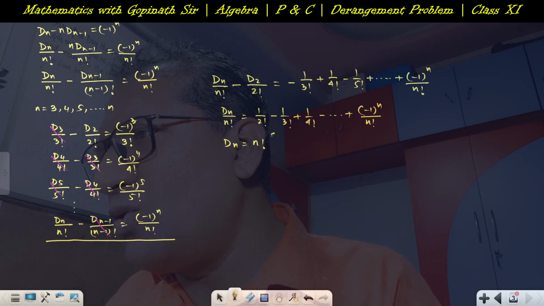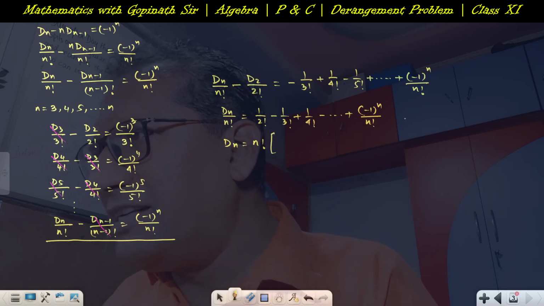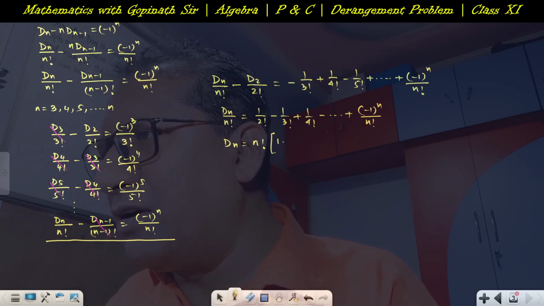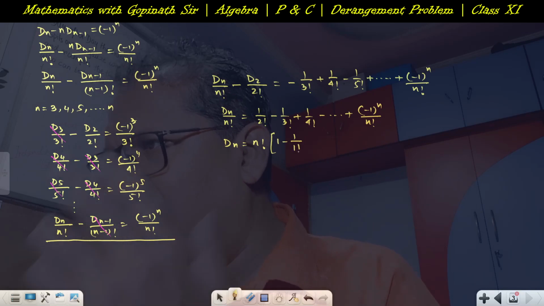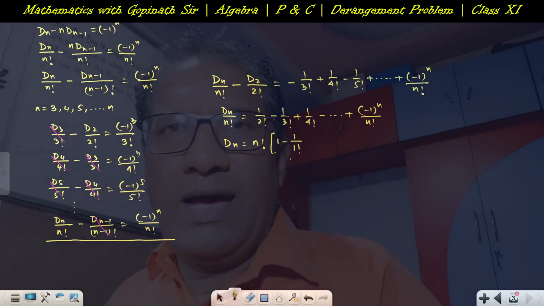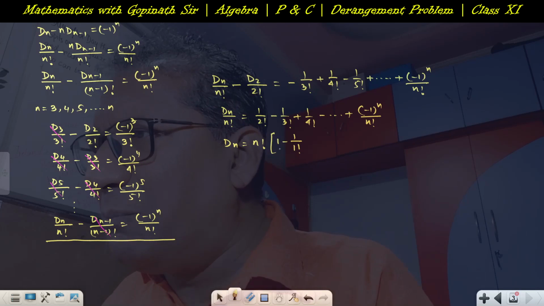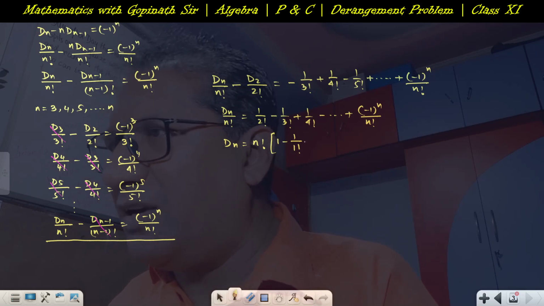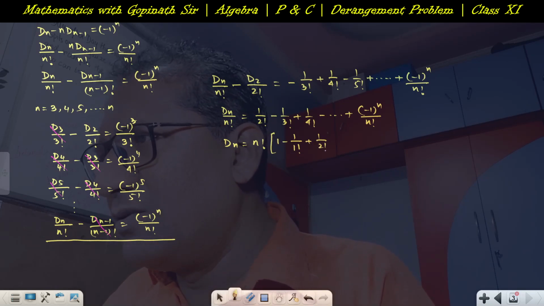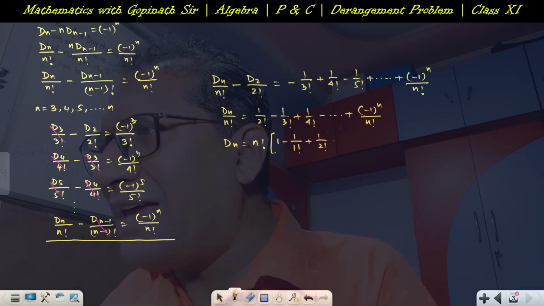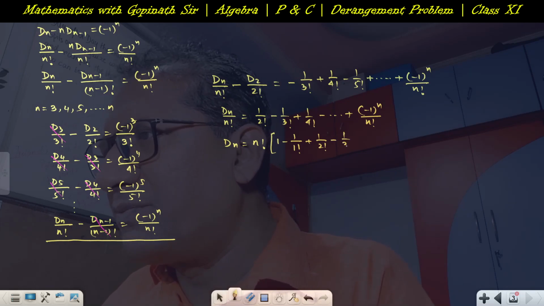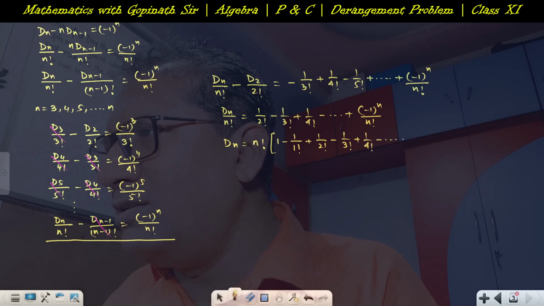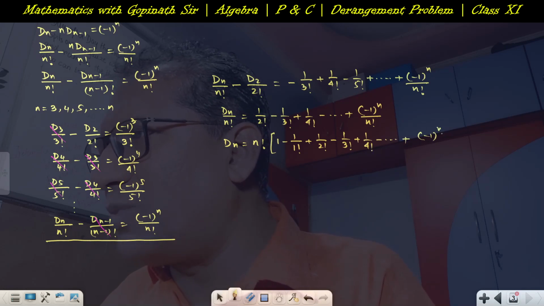It is factorial n multiplied with this whole thing. But just to establish that formula, I'm simply adding 1 and subtracting 1 to maintain the parity of the sequence. 1 by 4 and this thing goes on. So the last term will be this one, right?